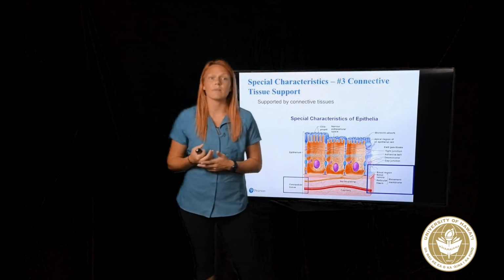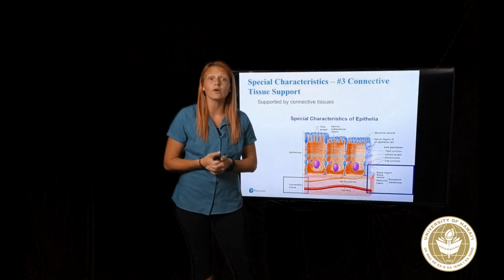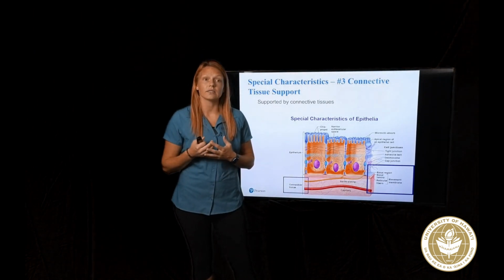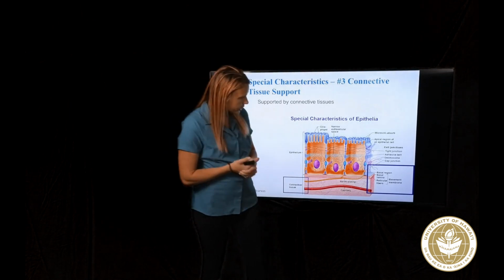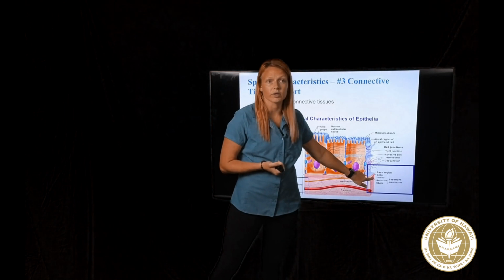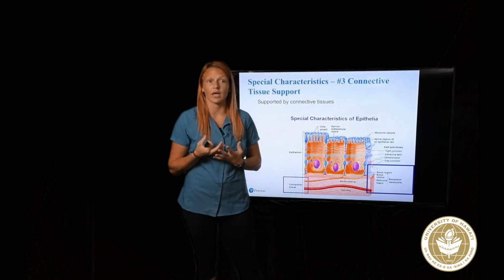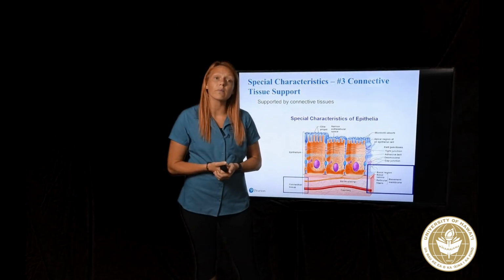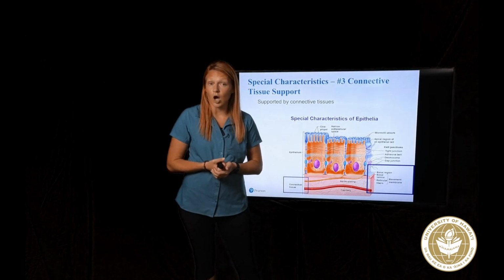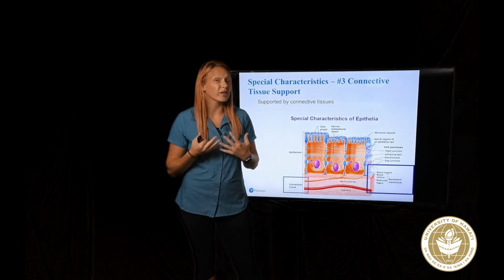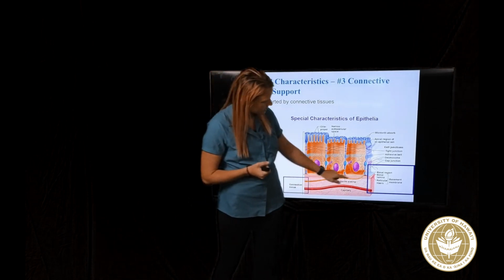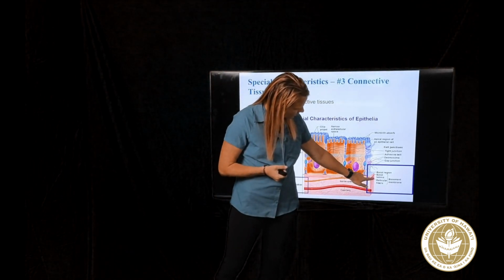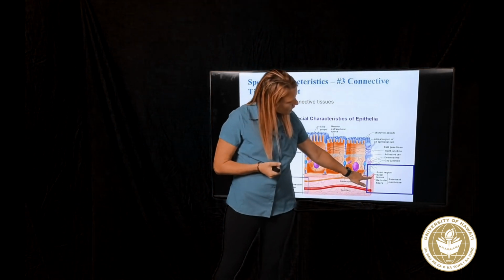So the basal lamina is basically a membrane or a lining, and there are also going to be these supporting reticular fibers that help to make up this reticular lamina. Reticular fibers are a network of collagen fibers, and they're really, really strong to help provide support.